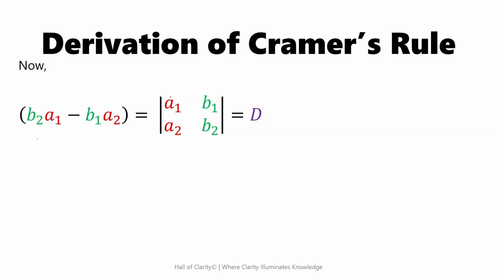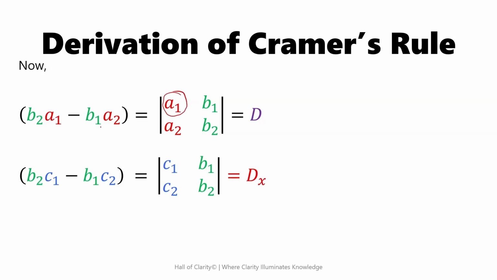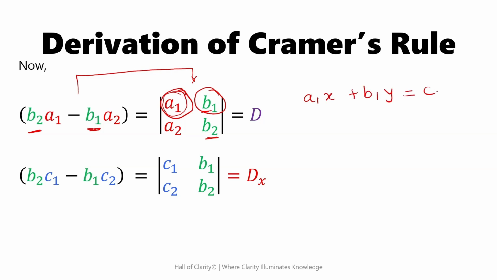This a1 I will write as the first term. Then this b1 I will write at this position. Then this a2 I will shift under a1, and this b2 I will write in the row of a2 over here. So in this way we have to write the determinant from the simplified form. Here you can see that this a1 is the coefficient of x and b1 is the coefficient of y, and this represents our equation number 1, that is a1x plus b1y is equal to c1.